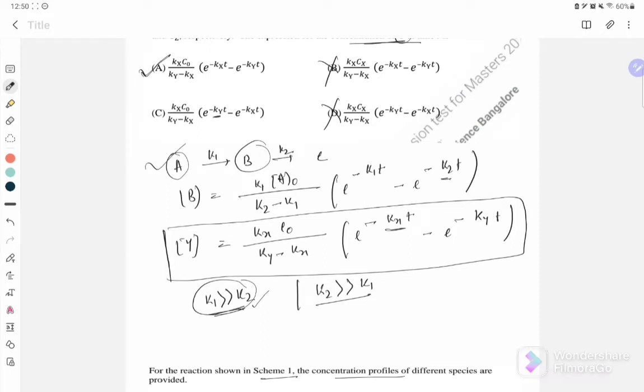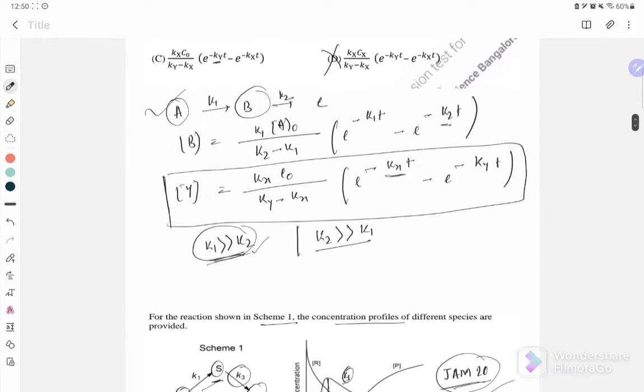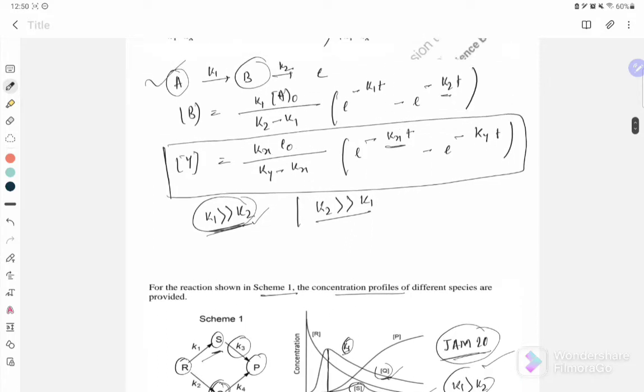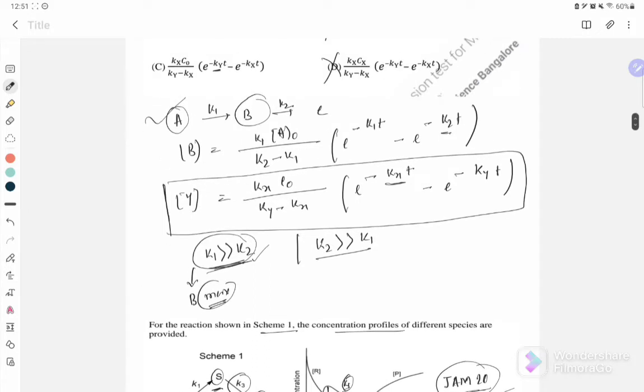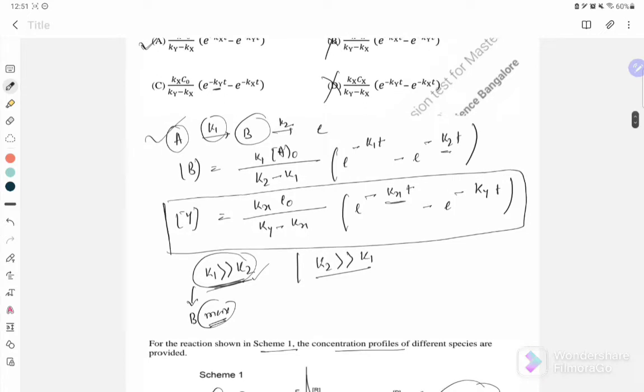So at a certain time B will be present in a high amount in the reaction. So we will get B maximum here, because K1 is much greater than K2, meaning it is produced at a higher rate than it decays.